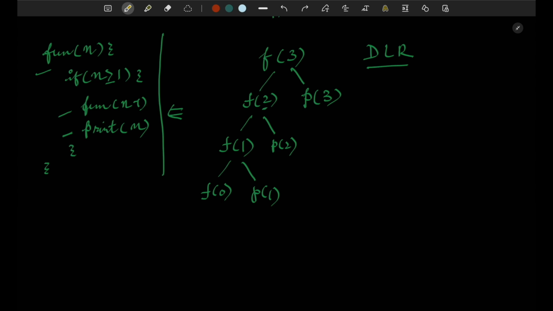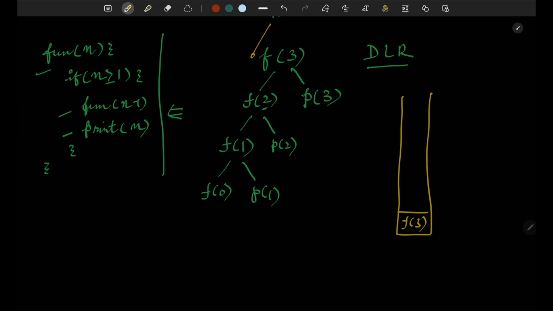So let's start the analysis. I start from here, and at this point I see that f of 3 has been called. So I will have a stack to maintain this information, and to begin with we have to push f of 3 to the stack.